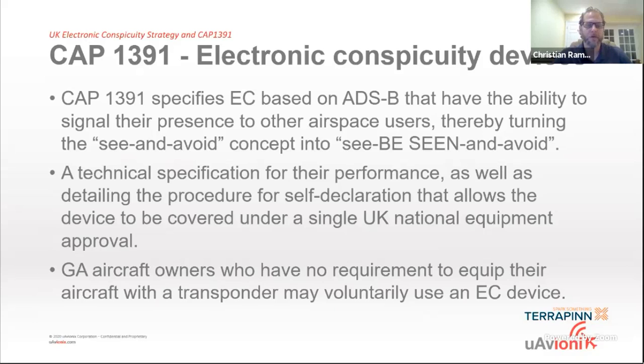Typical ADS-B equipment that gets installed in aircraft can run thousands of dollars, and they defined a standard that can bring that down to hundreds of dollars in order to make it a more affordable and safe airspace. General aircraft owners who have no requirement to equip with traditional transponders can voluntarily equip with an EC device, and they can be portable, so they're very, very low cost.